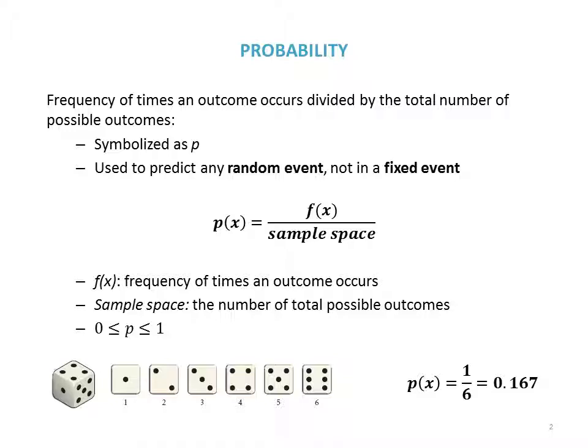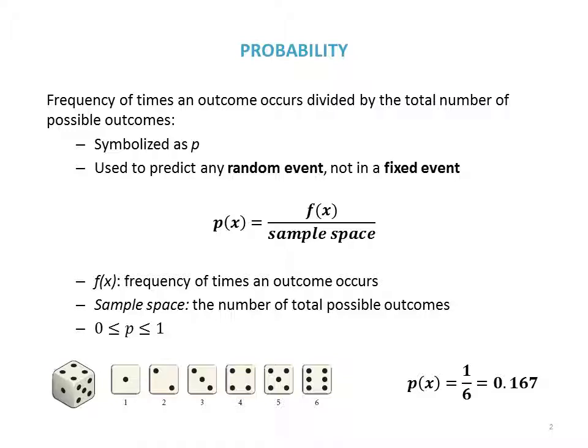The way we compute probability is to divide the frequency of times an outcome occurs by the number of total possible outcomes. It's also called a sample space. For the dice example, say we're interested in the dice giving a number 5.